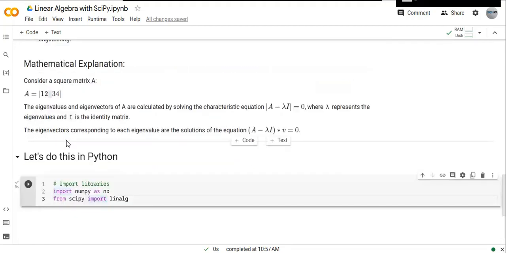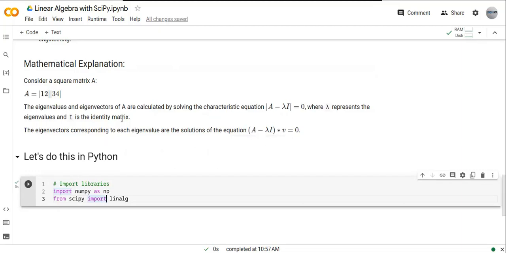The mathematical equations for solving eigenvectors and eigenvalues are very complex, and it isn't easy to understand how to find the eigenvectors and eigenvalues of a given matrix. But we can do this using Python easily, without any difficulties.